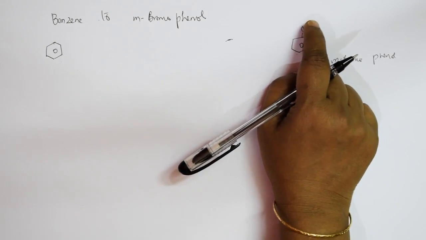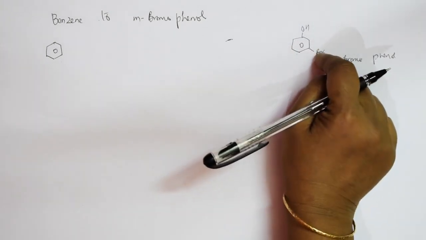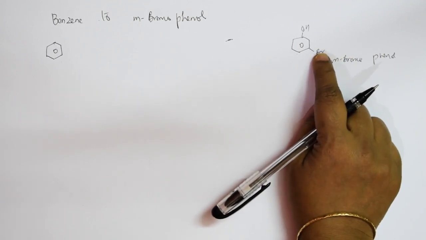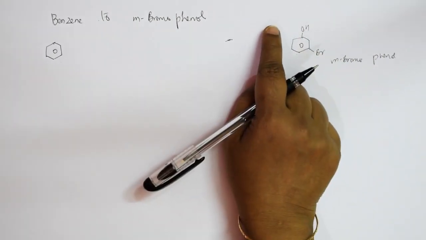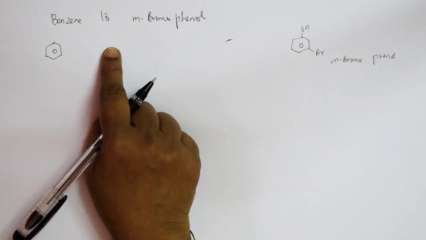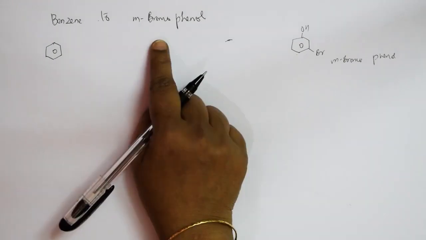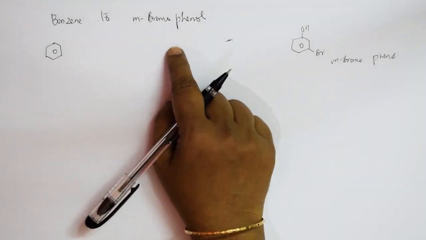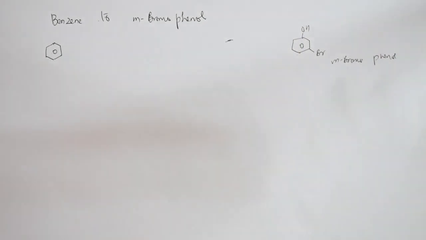And after that, to introduce bromine, I can do a bromination reaction, right? Isn't it? Now let's see. But to get that Cl also, before that, what is the procedure? First, you do nitration. It's the easiest way. From nitration, you'll convert it into aniline, amines. From amines, you can introduce your Cl group or Br group, and then finally, okay, let me explain what I'm trying to say.